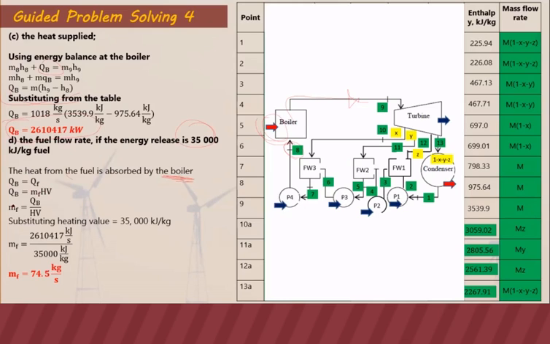So the mass of the fuel is just the heat input in the boiler divided by the heating value, which is given as 35,000 kilojoules per kilogram. So if we substitute this, we can get the mass of the fuel as 74.5 kilograms per second. Meaning we need almost 75 kilograms of fuel per second in order to maintain the boiler.